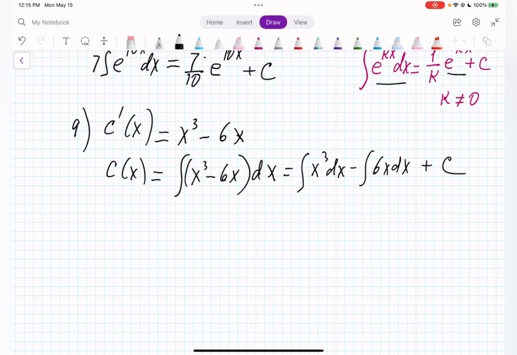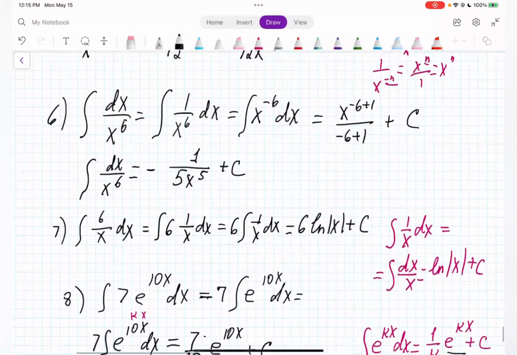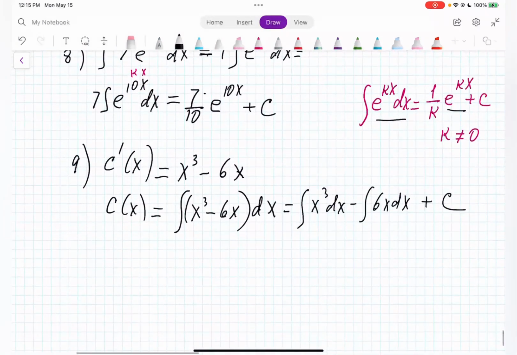It's going to be 3 plus 1, right? Where is it? Here. N plus 1 over n plus 1. So we have C of X is equal X to power 4 over 4.